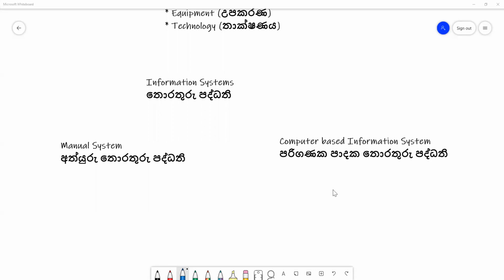Okay. The issues are very minimal when it comes to computer based information system. එහෙනම් මතක තියන්න වාසි ගොඩක් තියෙනවා මේ information system එකක් තියෙනවා. Okay, the next thing we are going to look at is how to develop such a system.